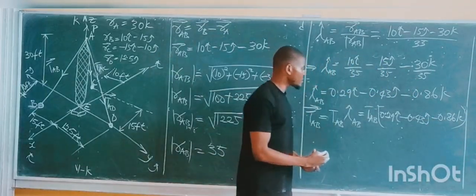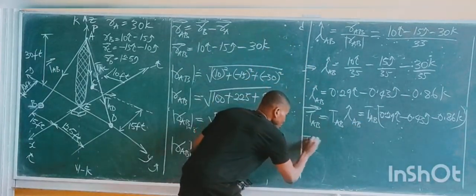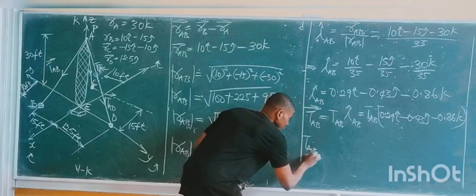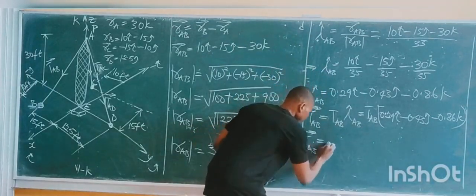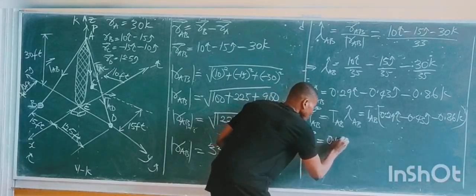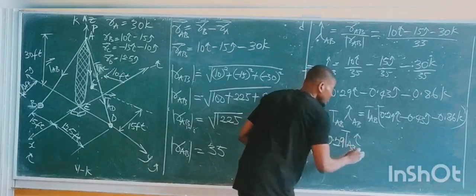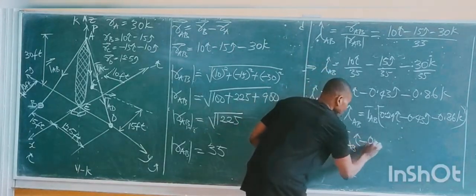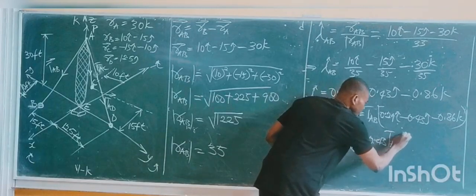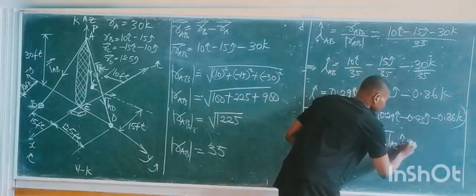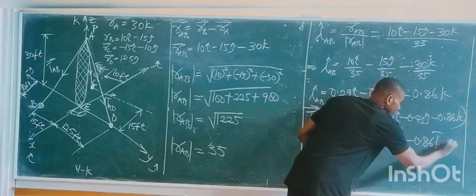Alright, so if you expand this bracket with TAB, we are going to have that the vector of tension in cable AB is now equal to 0.29 TABI, minus 0.43 TABJ, minus 0.86 TABK.